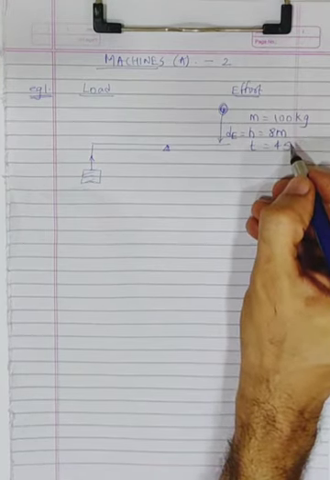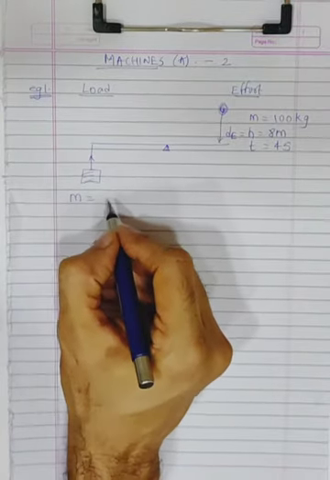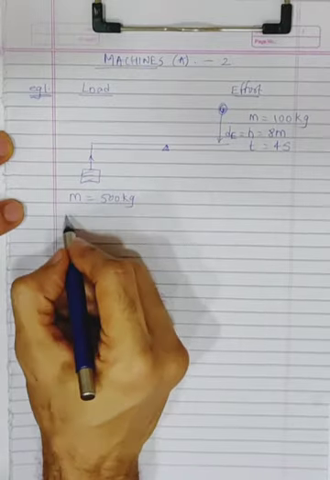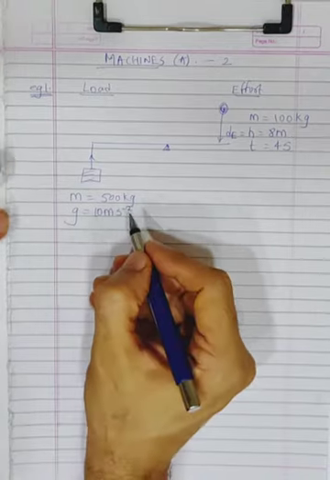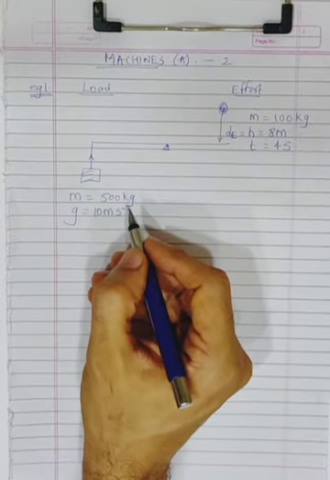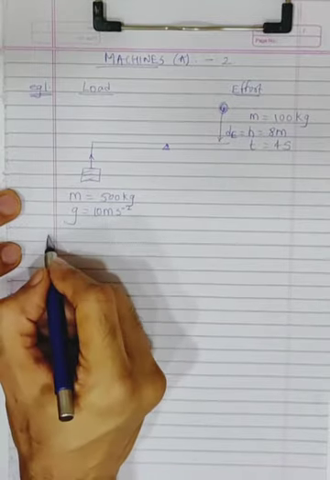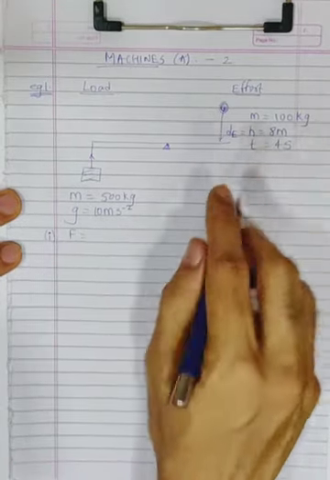And it lifts a load of mass 500 kg. So the mass of the load which is lifted is equal to 500 kg. Gravity is equal to 10 meter per second squared. And we have to calculate the force exerted by the falling mass.